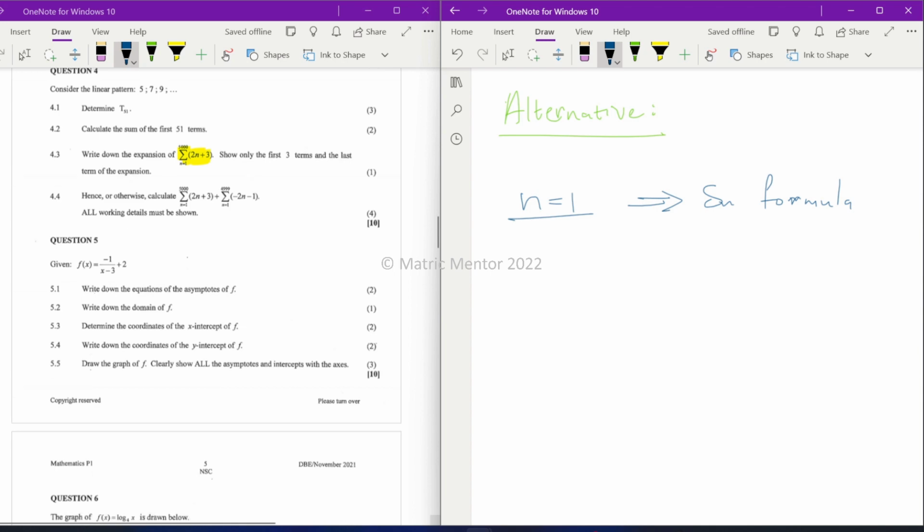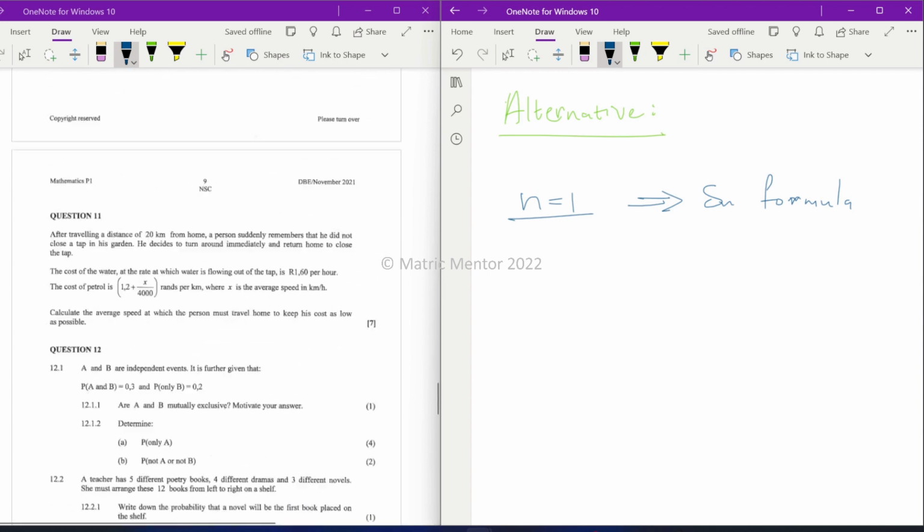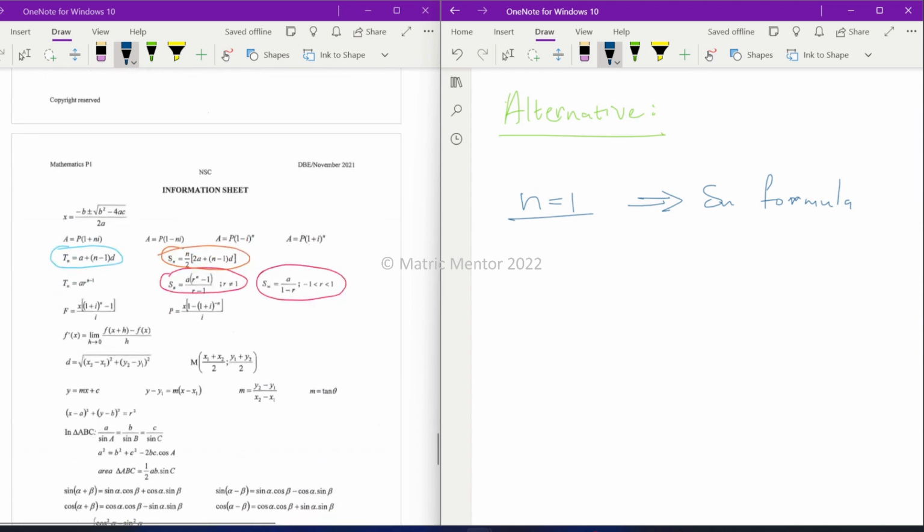The Sn formula we can get in our data sheet, and we're going to write it out like this.